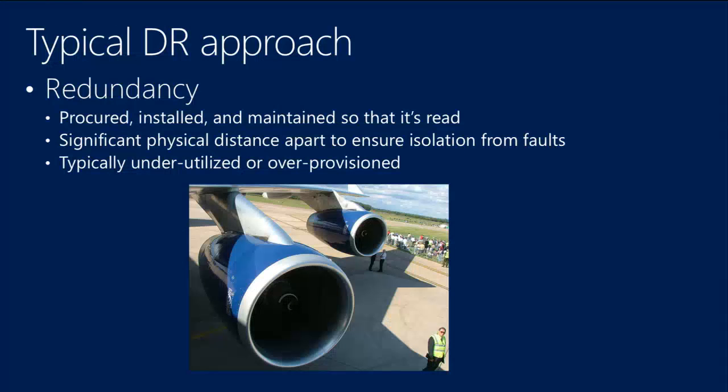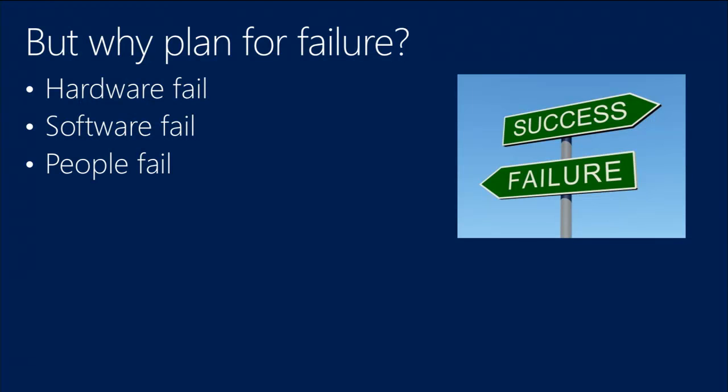Unfortunately, the last few flights were not the best flights I have ever had, because there was always a failure for some reason. But why do we plan for failure? Because hardware fails, software fails, people fail. For example, I was in Ryan Dunn and Wade Wagner's session, and they were asking, do you have a build manager in your company?